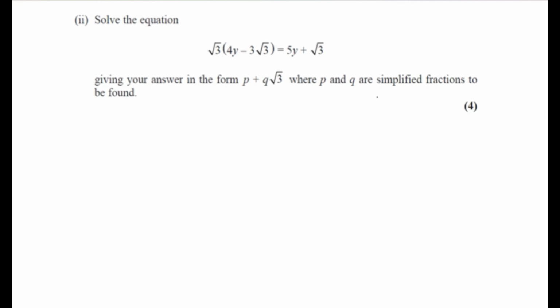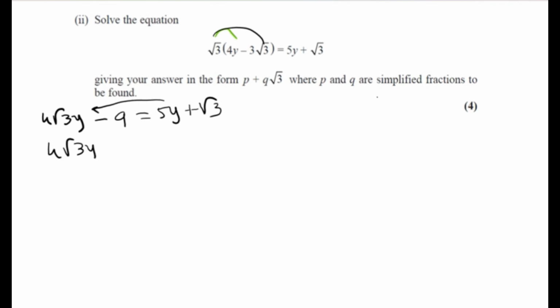Next question, solve this equation. Solve means we have to find the value of y. First expand the bracket. So root 3 times 4y will give me 4 root 3y minus 3, and root 3 times root 3 will give me 3. So 9 is equal to 5y plus root 3. I will take the y terms to this side, so I can take y common.